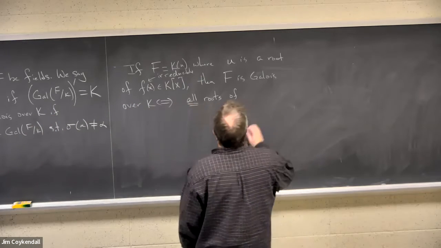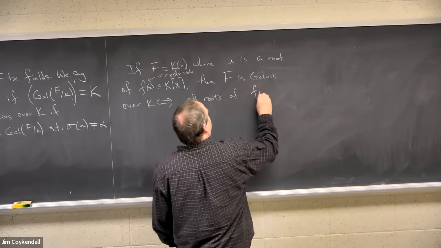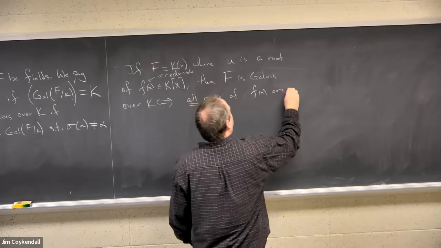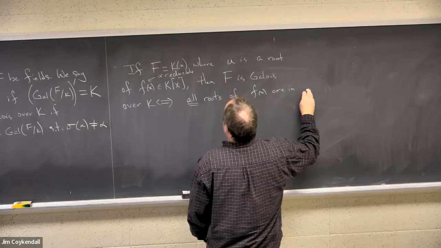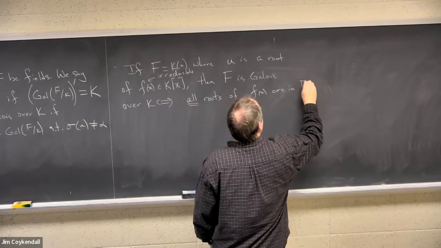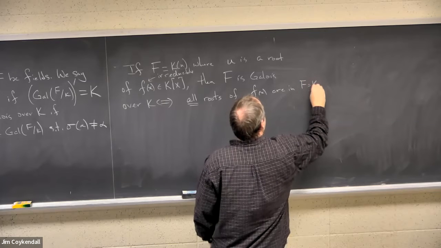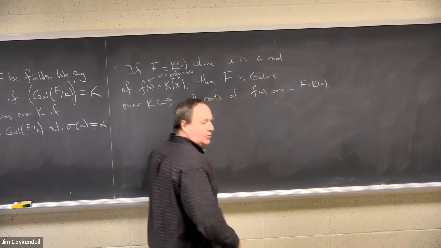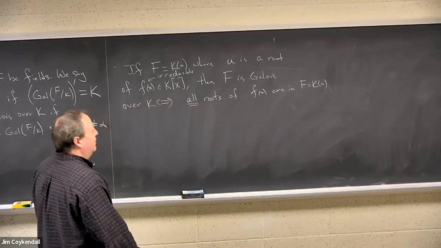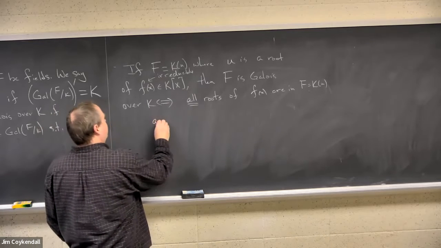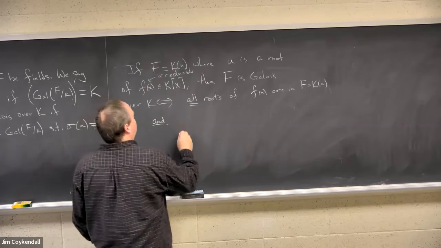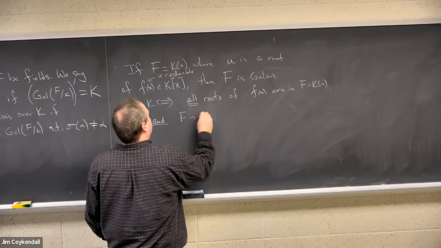So if and only if all roots of F of X are in the extension, so in other words, adjoining one root gets you all of them, and F is separable.